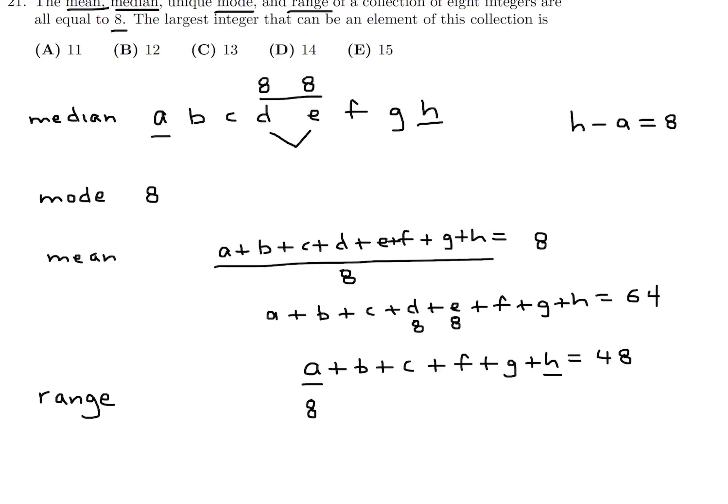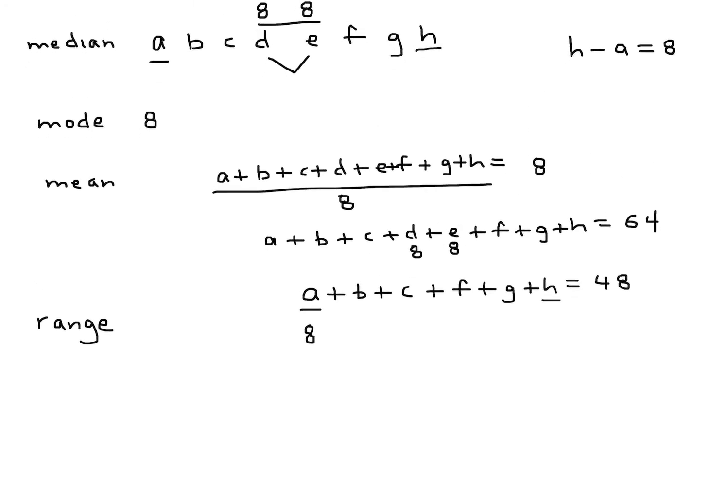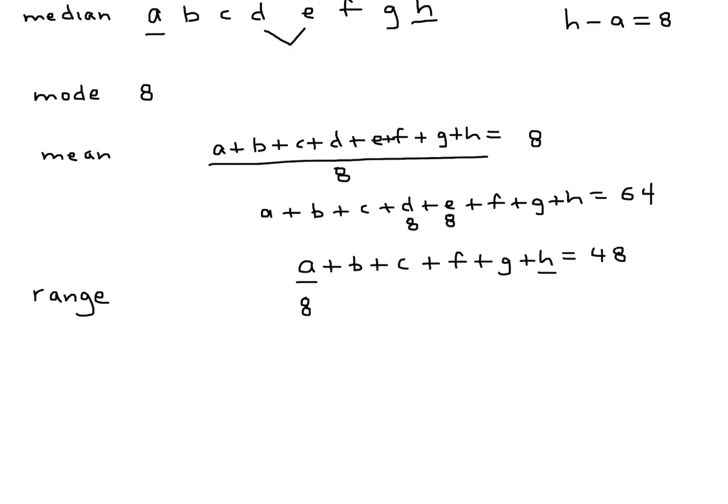Like if we make A equal to 9, then D and E are no longer the median, right? 9 is now going to mess all this up. So the highest we can go for A is 8. So let's see what we get. If A is 8, H has to be 8 more, right? So it has to be 16. So therefore, B plus C plus F plus G has to be 48 minus 8 minus 16, which is 24.